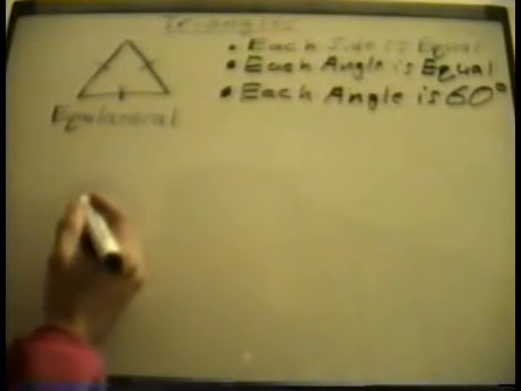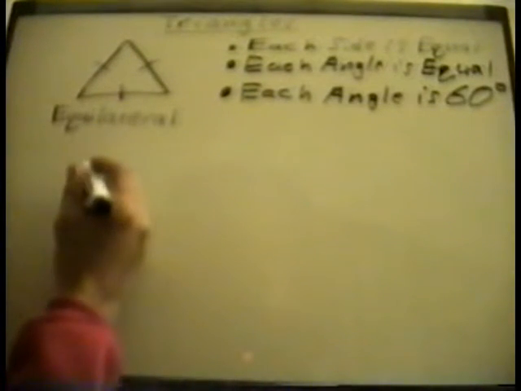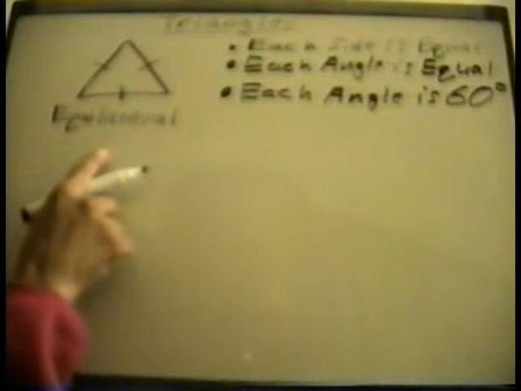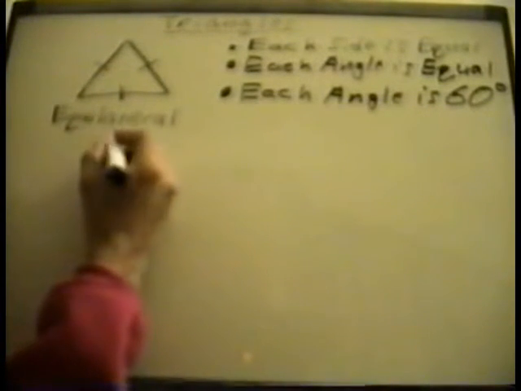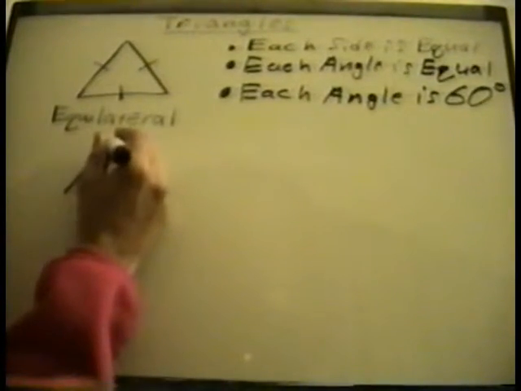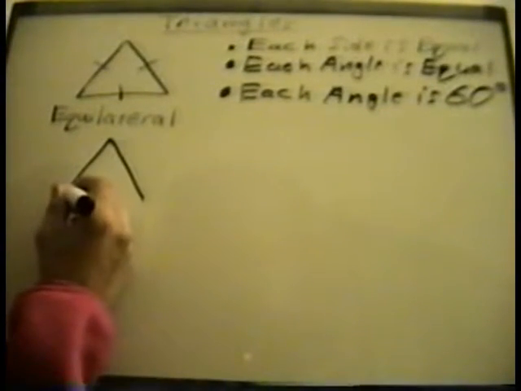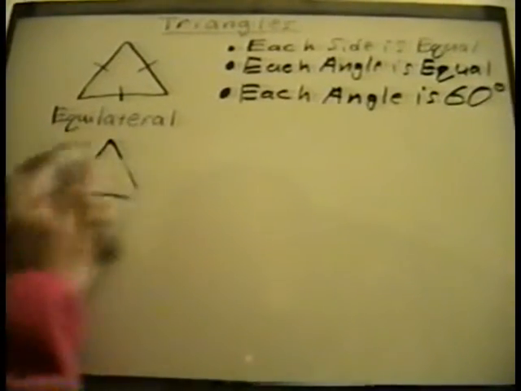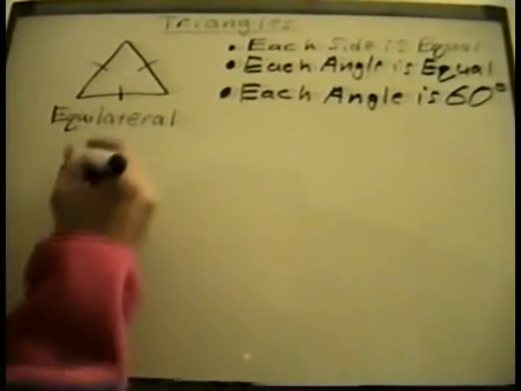So an isosceles triangle is the next type of triangle, which also an equilateral triangle would be an isosceles. Draw a little different.